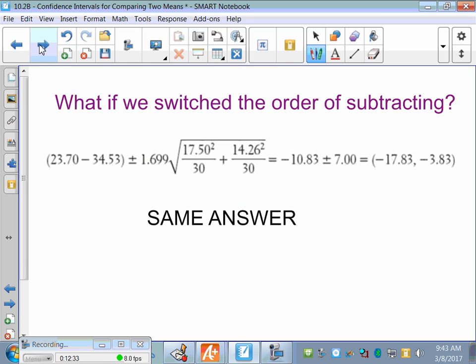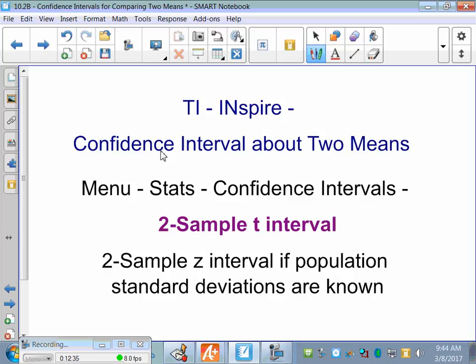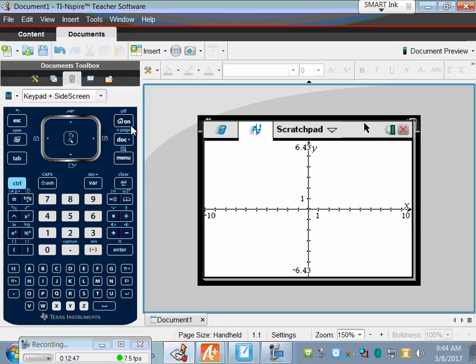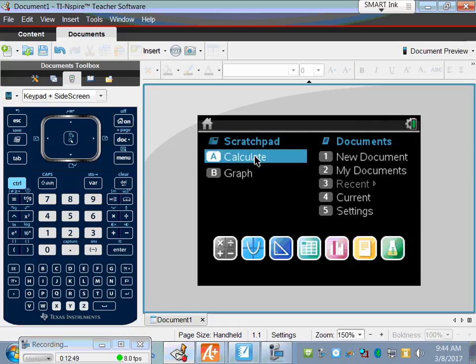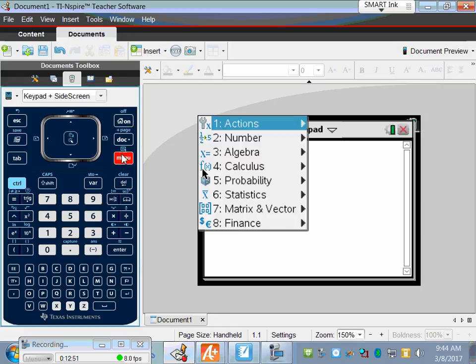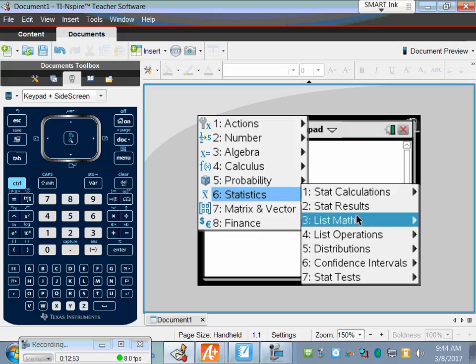So for our calculator part, you guys can go to 2 sample t interval under confidence intervals. You're on test. We don't want to test, right? So go to calculate, menu, statistics.